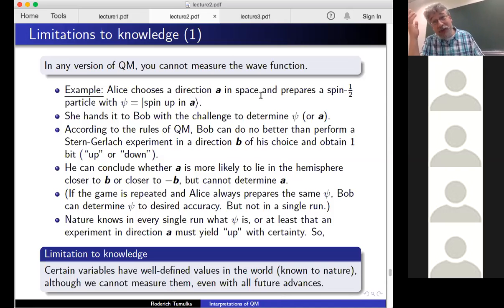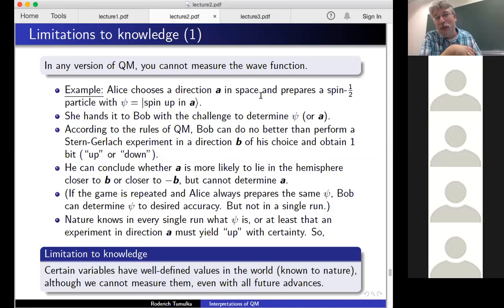Now, obviously, on the basis of one bit of information, you cannot determine what A is. He can conclude whether A is more likely to lie in the hemisphere closer to B or closer to -B. So if B was this direction, then the hemisphere closer to B is this one, the hemisphere closer to -B is this one. So he can say something about whether it's more likely to be in this hemisphere or in that hemisphere.